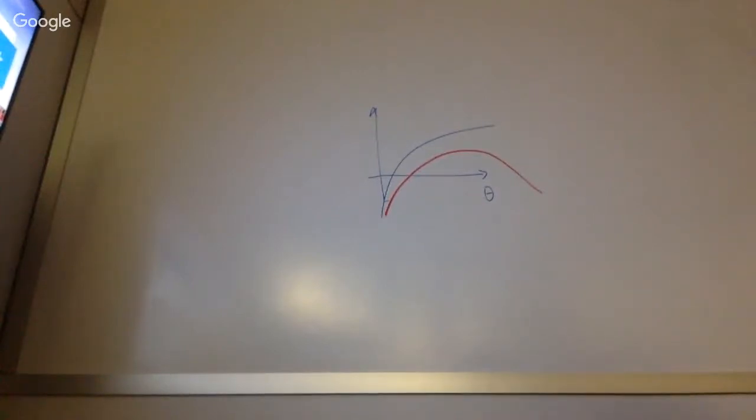so I'm graphing here two curves, a blue curve and a red curve. They're one-dimensional functions, but imagine them living in a multi-dimensional space of parameters theta. Both of these curves are concave. The difference is that the blue curve is concave and the red curve is strictly concave.